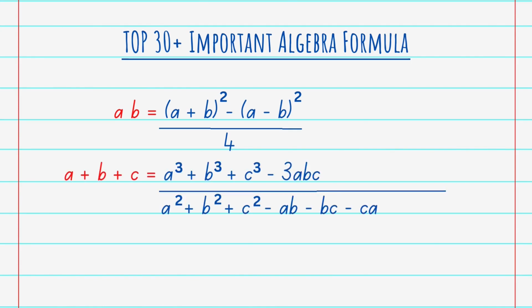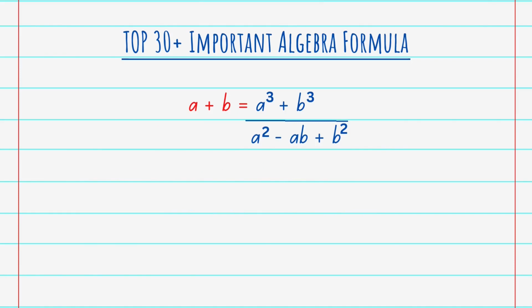Next is a + b + c is equal to a³ + b³ + c³ − 3abc divided by a² + b² + c² − ab − bc − ca. Next is a + b is equal to a³ + b³ divided by a² − ab + b², and a − b is equal to a³ − b³ divided by a² + ab + b². Got it?